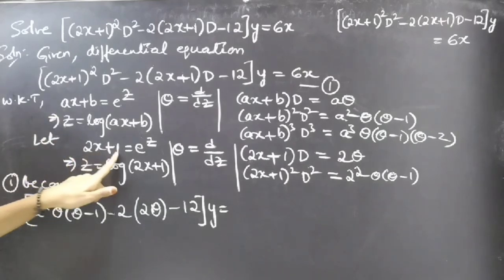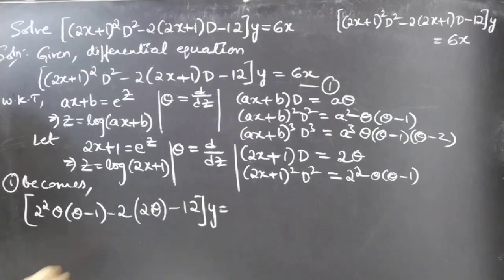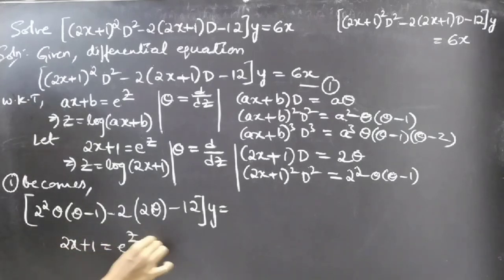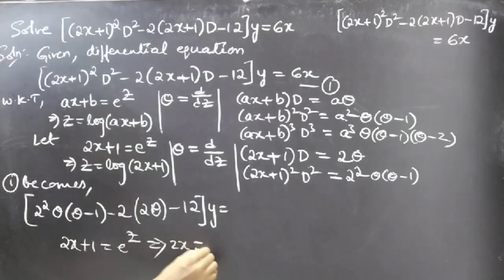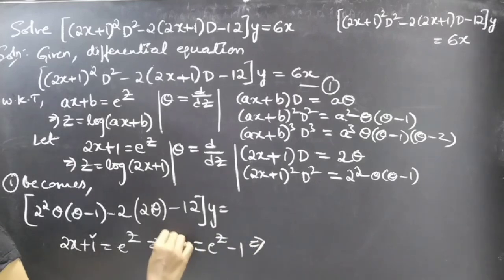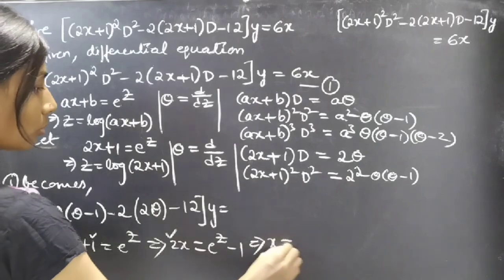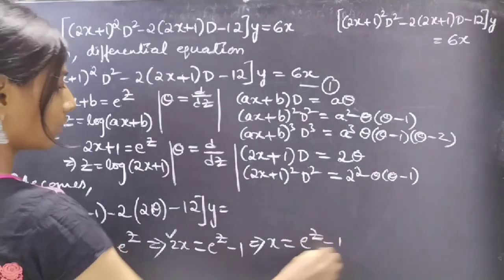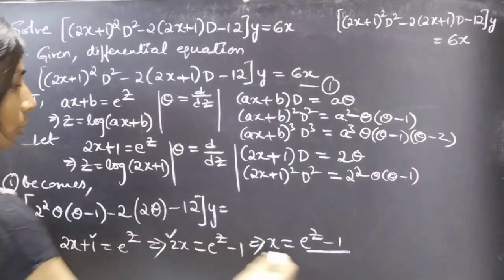We have 2x plus 1 equal to e power z, right? From this we can find x. We can write this as 2x equal to, take this 1 to RHS, then you'll get e power z minus 1. Now take this 2 to RHS, you'll get x equal to e power z minus 1 by 2.